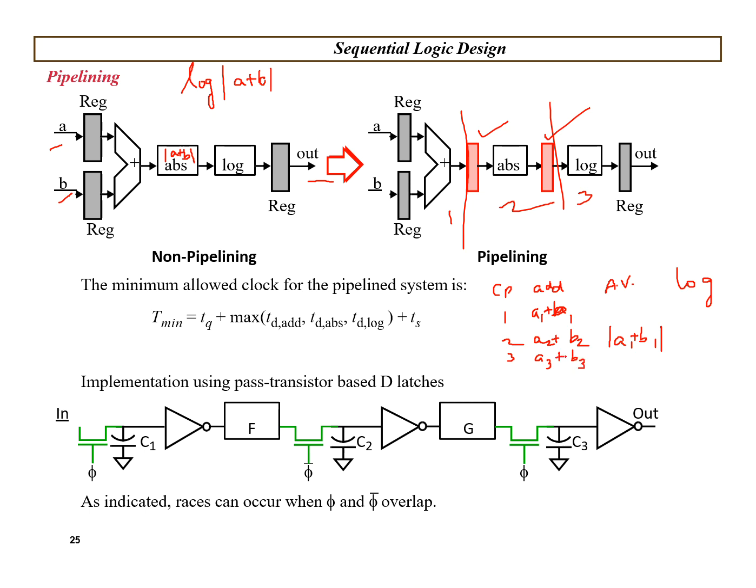At the same clock period, I am performing the absolute value for A2 plus B2, and I am performing log of modulus of A1 plus B1. So during the third clock period, I get my first output.